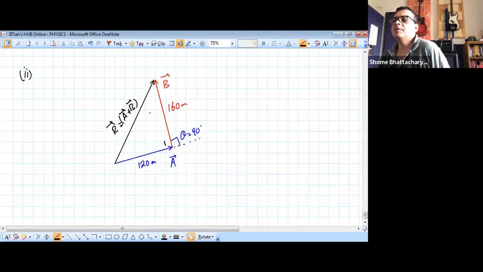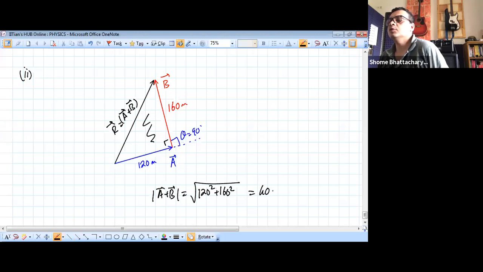So now using Pythagoras theorem, we can see that magnitude of A plus B in this case will become square root of 120 square plus 160 square. So you can take 40 common. So 200 meters.